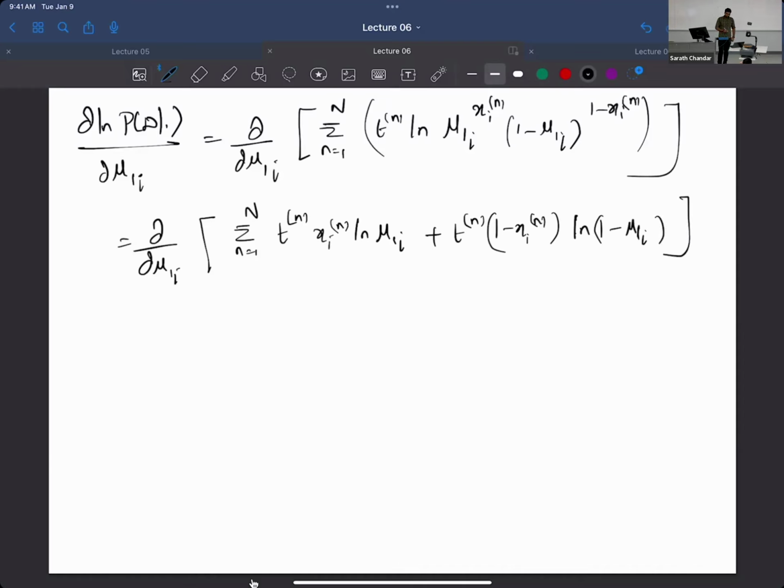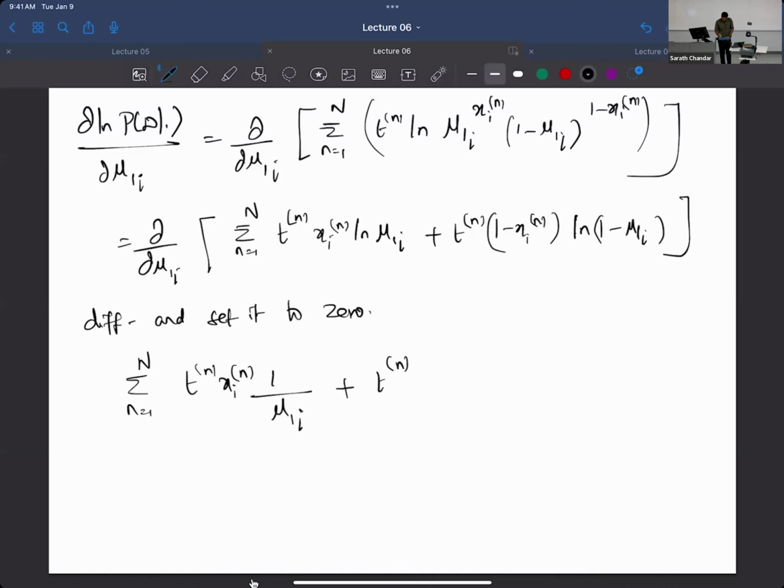Now I'm going to differentiate this and set it to 0. So summation n is equal to 1 to capital N, Tn xin 1 by mu 1i plus Tn, 1 minus xin.